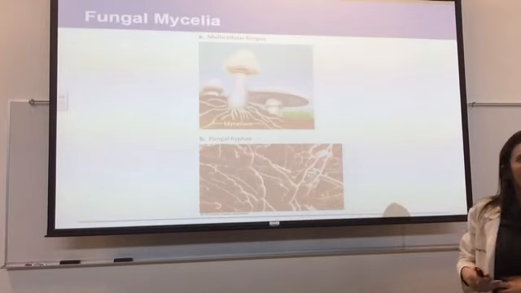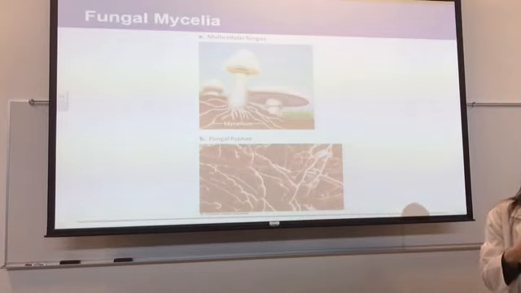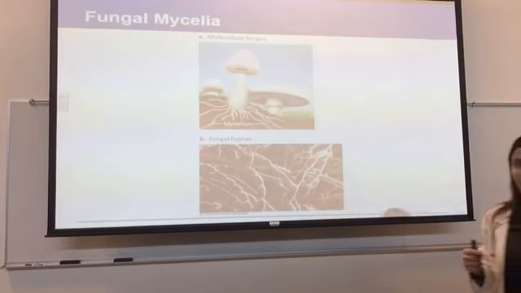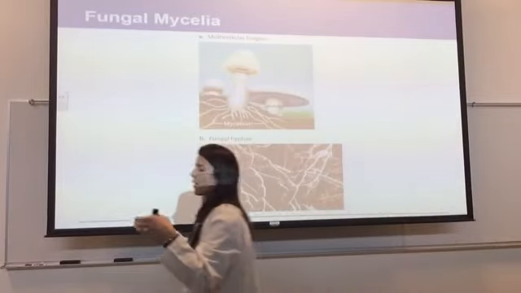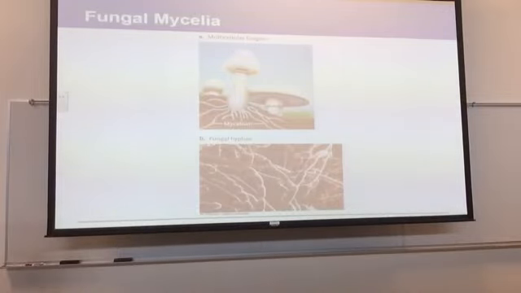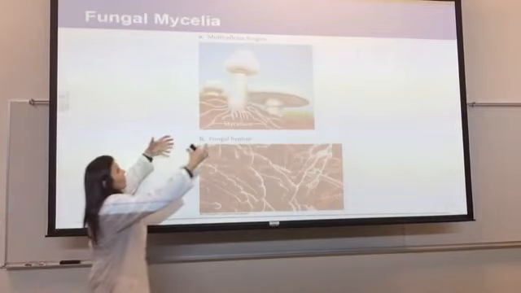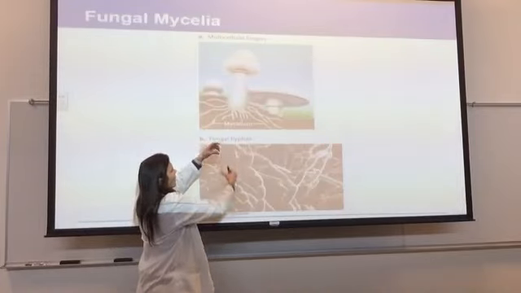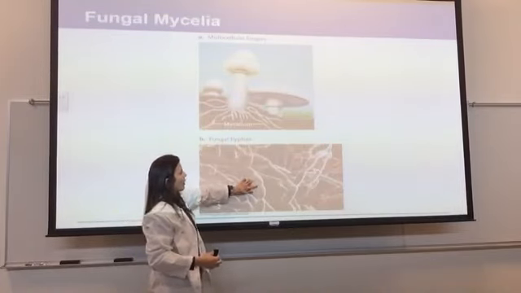So hyphae is a group. It's backwards. I was just saying that in my head. Hyphae is one. Mycelium is the group. So make sure, I'm positive I said that backwards. Hyphae is one spaghetti strand. Mycelium is all of it together. Hyphae is one, and we call these septate.